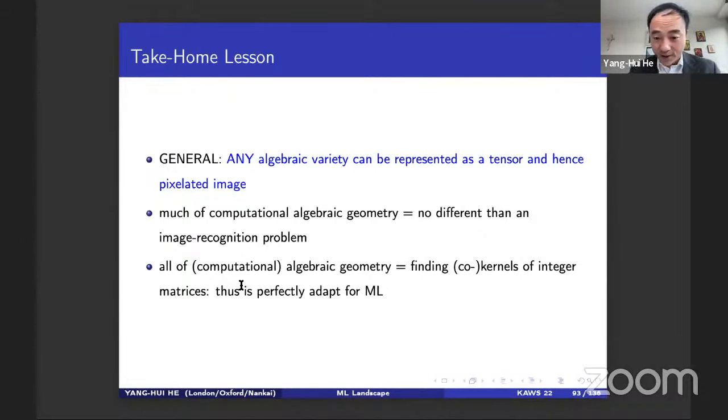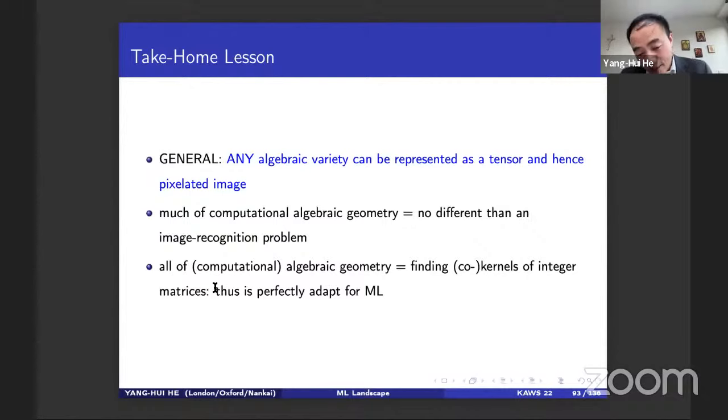once you have polynomial systems, whatever you want to get can be expressed in terms of a basis of monomials. Once you have a basis of monomials, everything is then some kind of matrix or tensor, and then every single step, whether you're doing exact sequence chasing or you want to compute Betti numbers or Hodge numbers, is finding kernels and co-kernels of integer matrices.